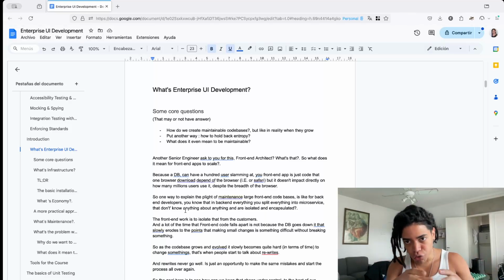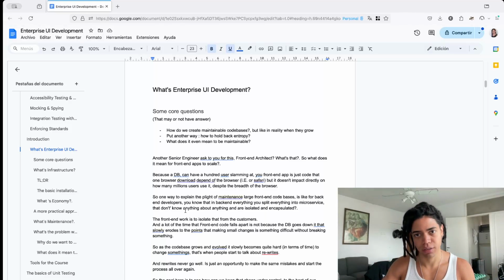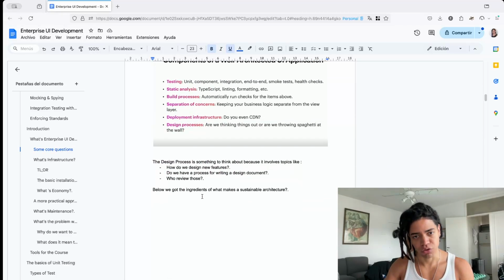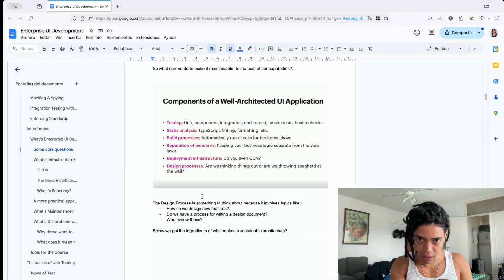So we need to have the common components of a well-architected UI, which means we need to define the build system, the testing system, and the static analysis.